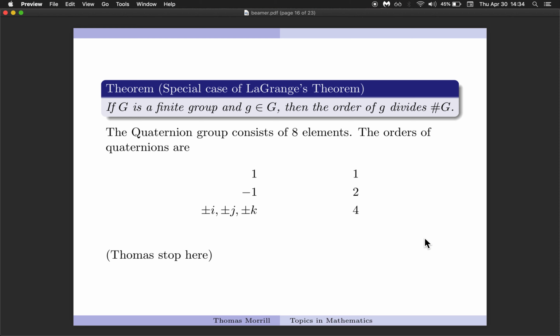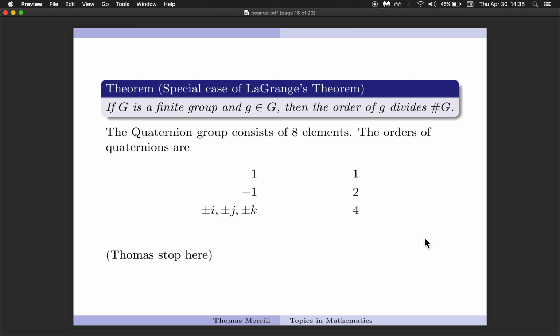So we can do the same kind of reasoning that we did for modular arithmetic. How can we compare the order of an element to the size of the group? Euler's theorem told us that the multiplicative order of any residue mod n has to be a divisor of phi of n.